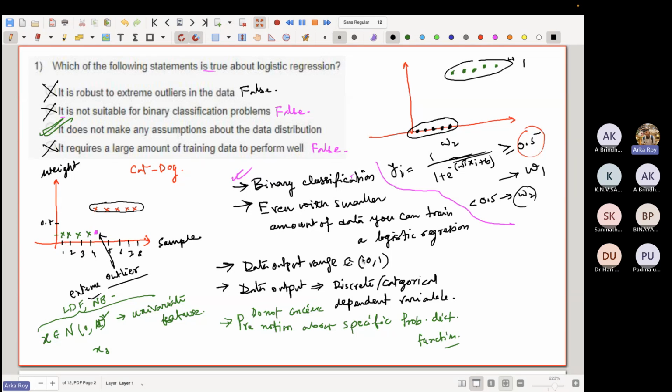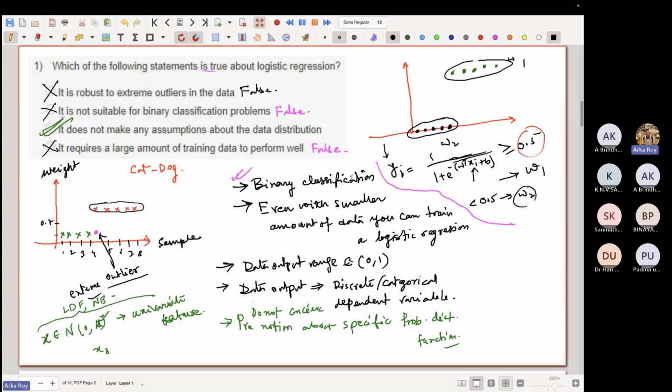Now they're asking what you are predicting the probability of. So the output variable is yi. You are getting some sort of probabilistic notion for yi. Now they're asking what the type of yi is. Already we have discussed that the output for logistic regression is a discrete or categorical dependent variable. Why dependent variable? Because you are depending on xi, and depending on xi you get a value of yi.